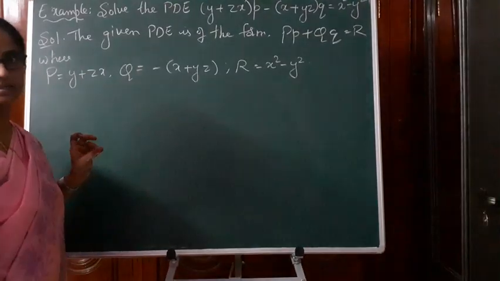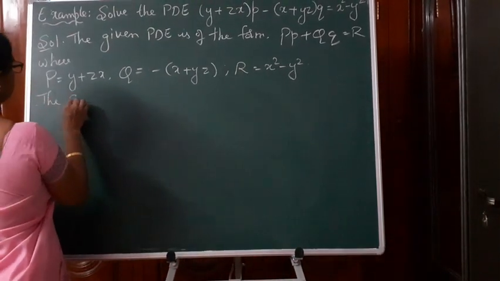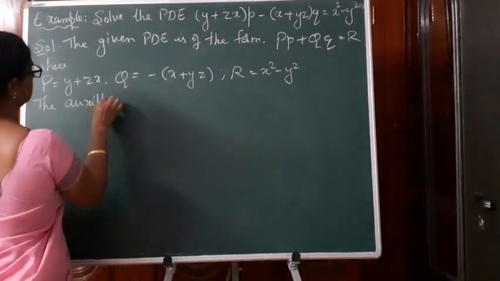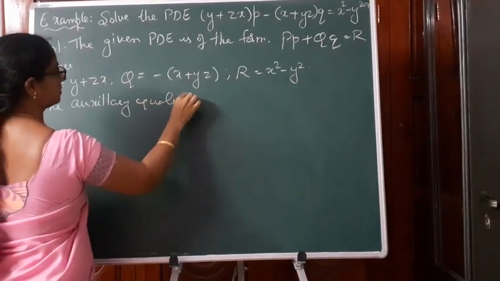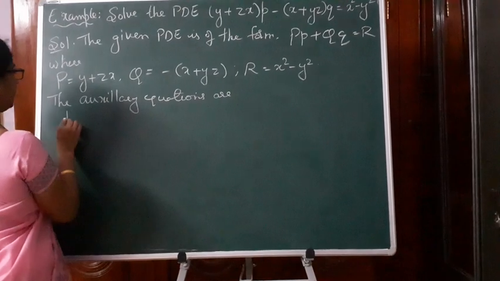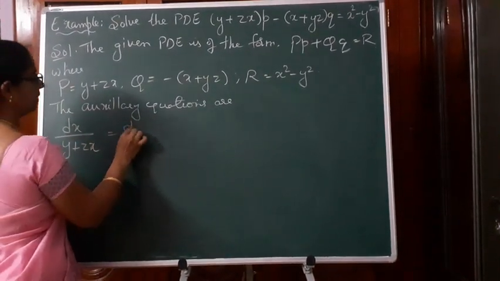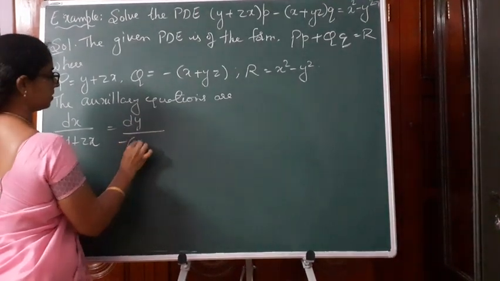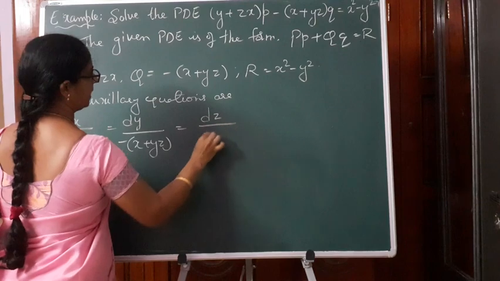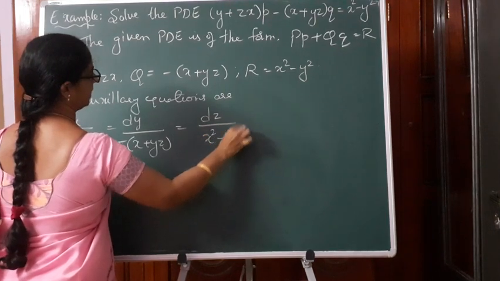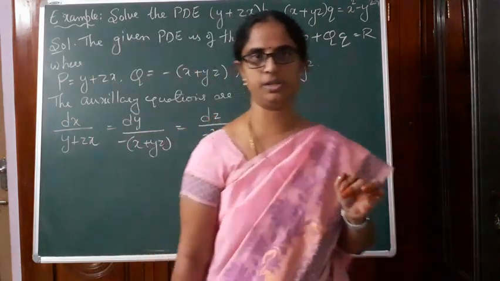So first let us consider the auxiliary equations. The auxiliary equations are dx by P, that is dx by y plus zx, is equal to dy by Q, that is minus of x plus yz, is equal to dz by R, that is x square minus y square. These are the auxiliary equations.